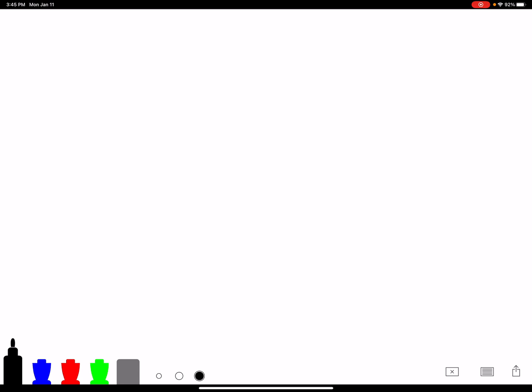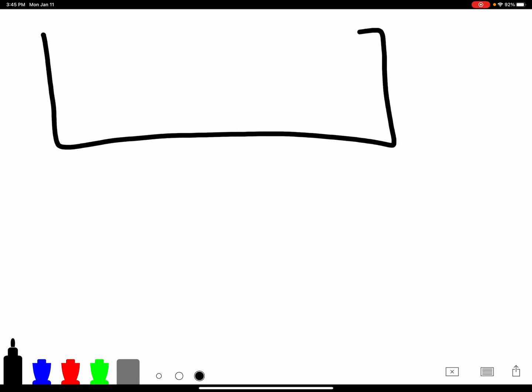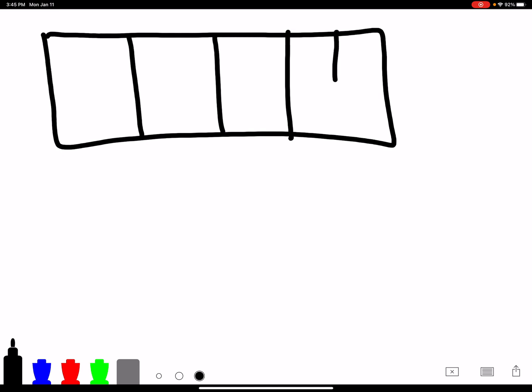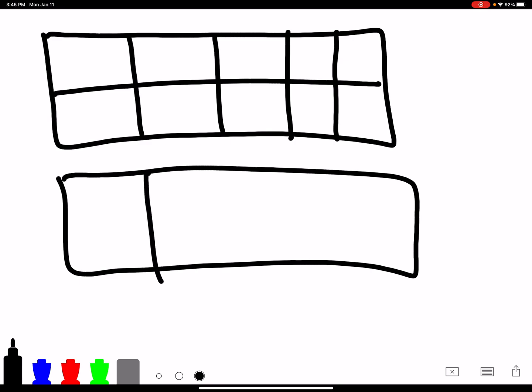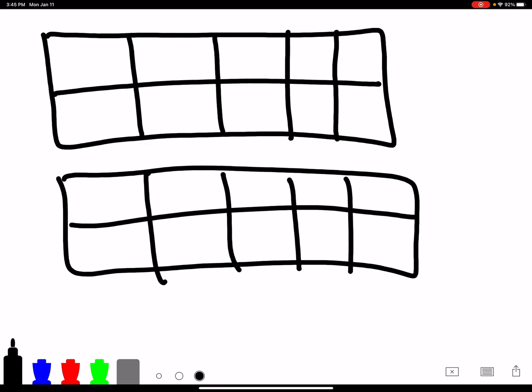So we're working more with 10 number frames again. So we have 1, 2, 3, 4, 5, 10 number frames. And I'm going to draw an extra one below. Okay, awesome.